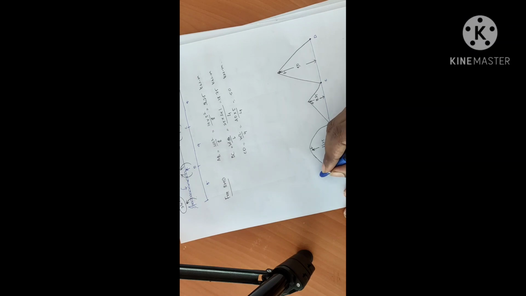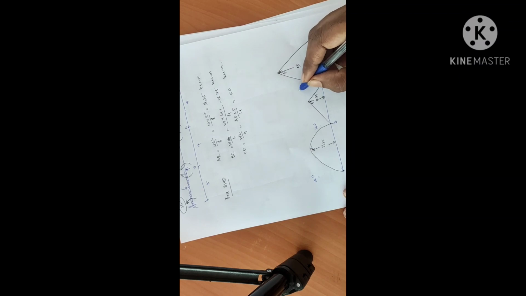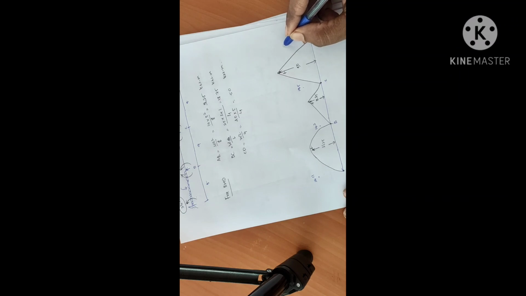This is 24.11. Joint B, it is 14.2. For joint C, it is 19.5. For joint D, it is 27.7. So join these points.